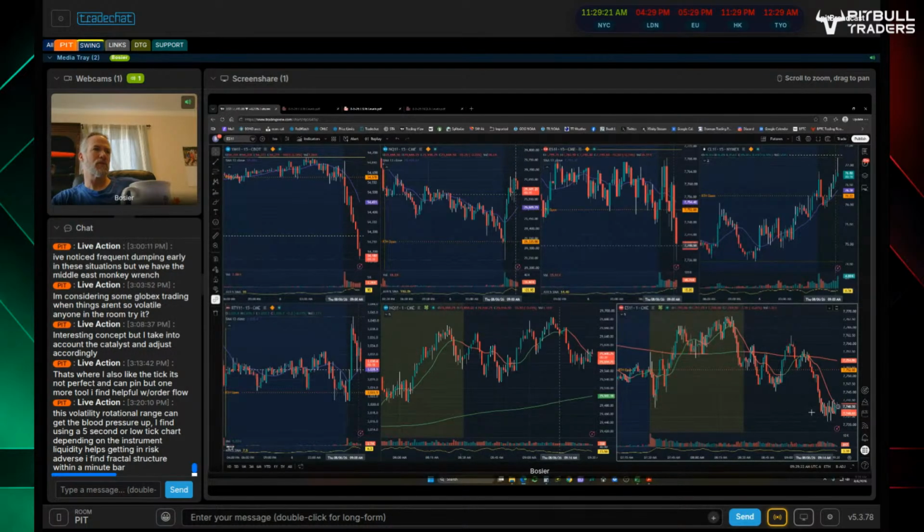If this level of 43 is broken, it could just be a false breakdown and they start sweeping stops the other way. So you can have a tight stop sometimes that's meaningful, and sometimes it just works and it holds.